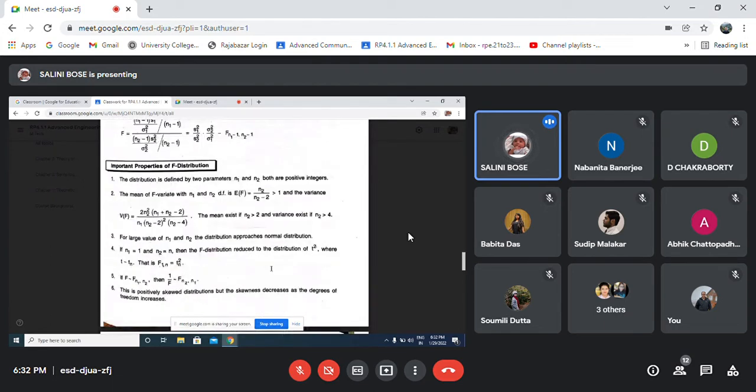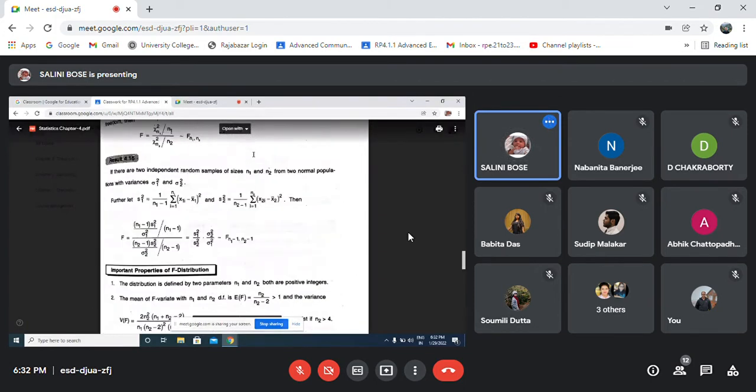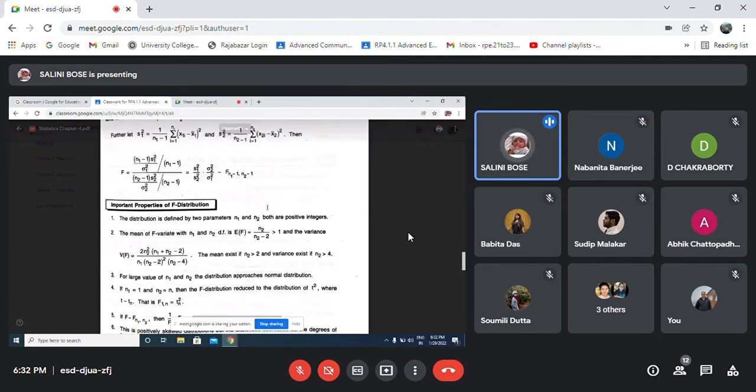The different important properties of the F distribution: the F distribution is a ratio of the variances of two samples of sizes n1 and n2. The distribution is defined by two parameters n1 and n2, which are degrees of freedom, so obviously they are positive integers.